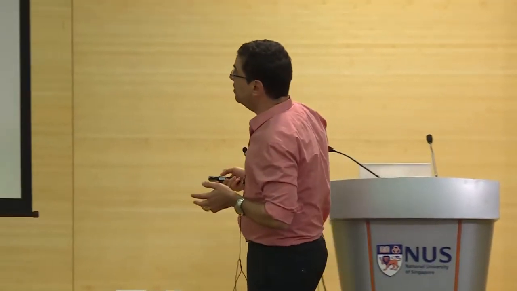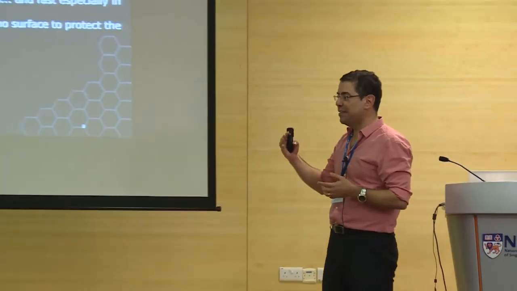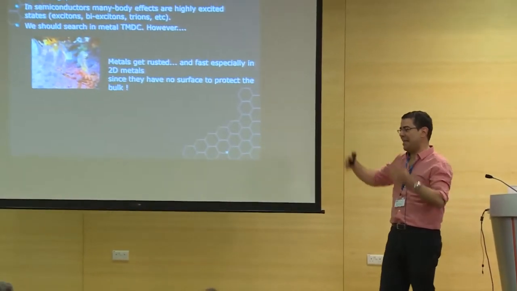So, of course, metals traditionally have a lot of many-body physics. However, as you know, metals rust. And a 2D metal is even worse, because at least a 3-dimensional metal has a surface which can rust and protect the bulk.